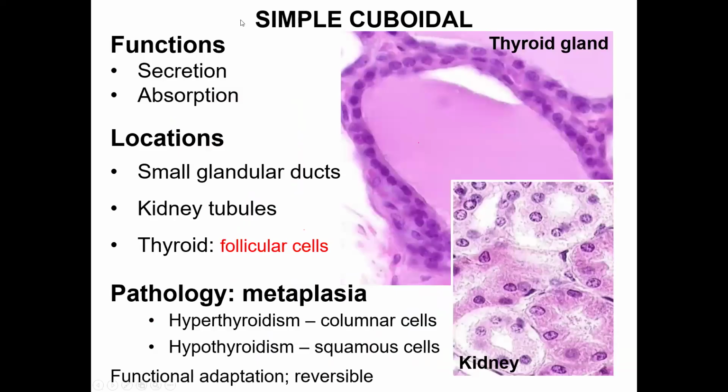The simple cuboidal epithelium has functions in secretion and absorption. Locations: the small glandular ducts, kidney tubules, and the thyroid gland. The follicular cells in the thyroid gland that you see here are made of a simple cuboidal epithelium.